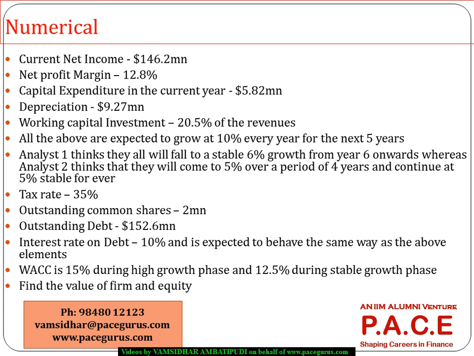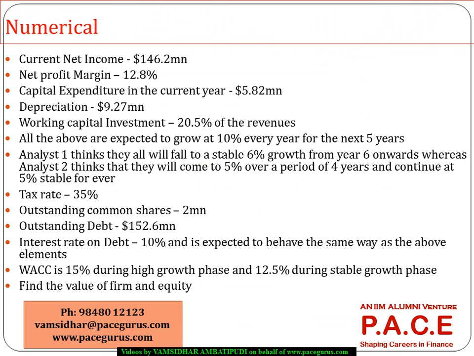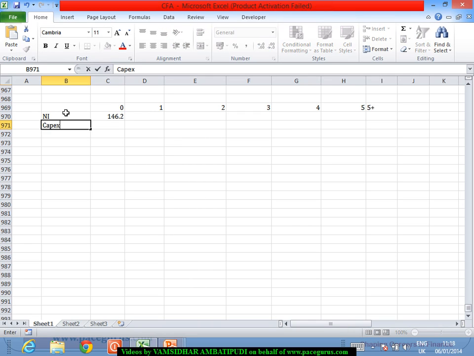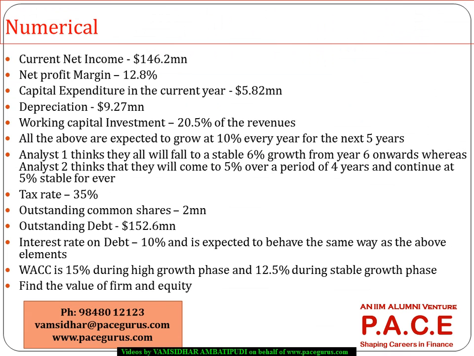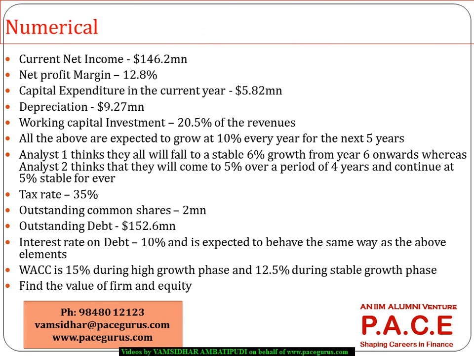right? Okay, the current net income 146.2. So net income here I am taking it as 146.2. Then capital expenditure for the current year, so I'll take capex for the current year is 5.82 million. Then I can take depreciation for this period is 9.27 million.